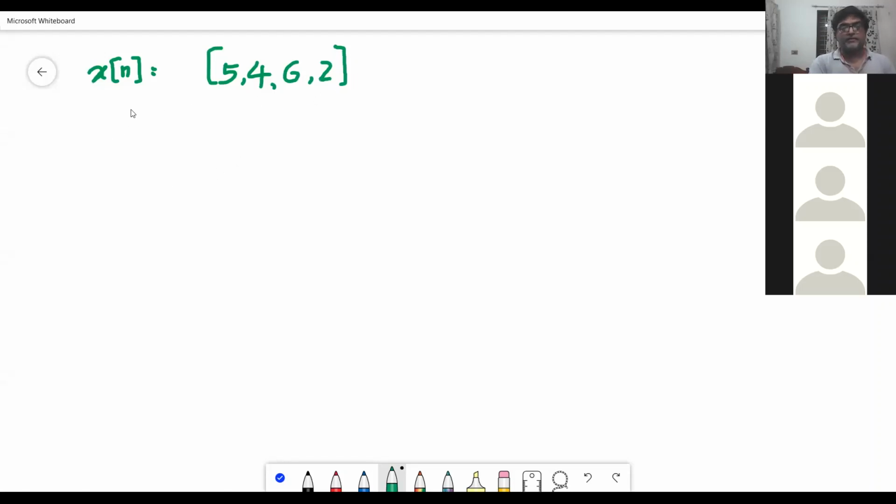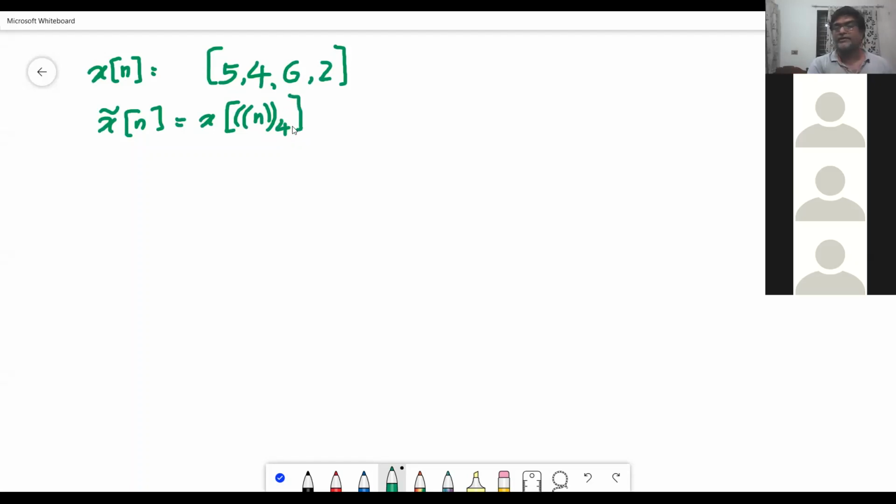Let me look at a periodic sequence x tilde of n, which is equal to x of n modulo N. In this case, capital N is equal to 4.